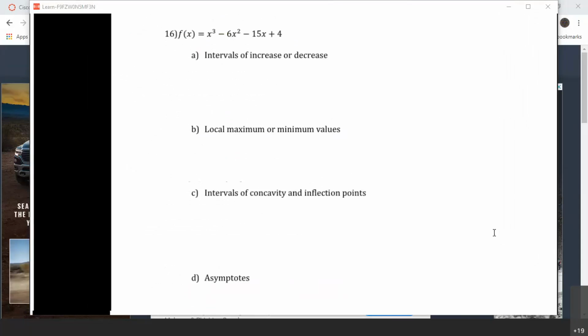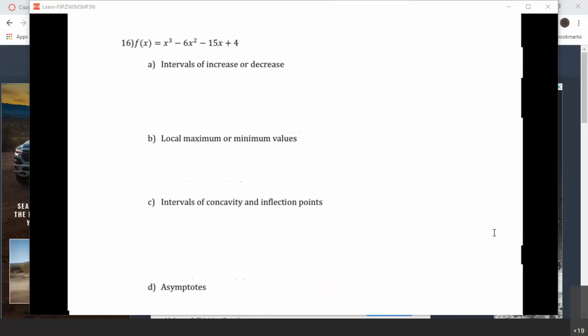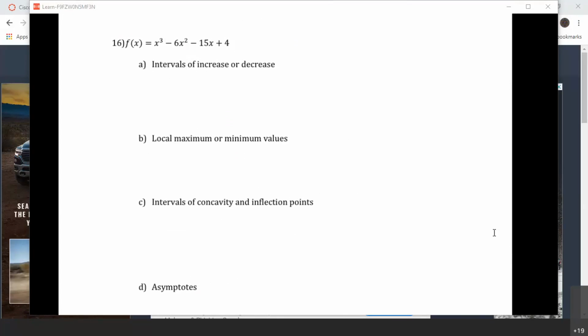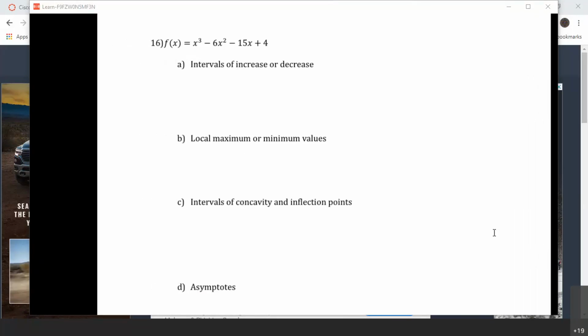So I'll do 16, and then the ones that follow this are very similar, so I won't spend time on those. Okay, so intervals of increase or decrease, this is where you use f prime of x.